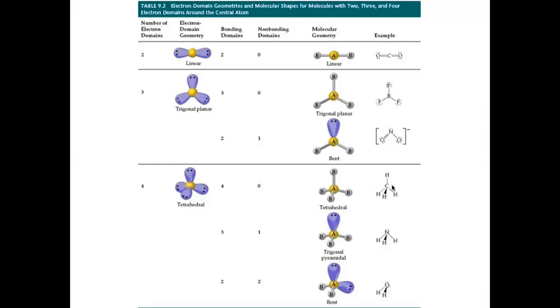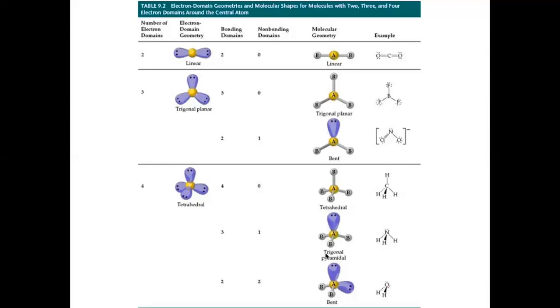Here we can see if we have carbon and 4 hydrogens, they're going to have this tetrahedral arrangement where you have the hydrogen at the top, and then these 3 are at the bottom. We will probably talk a little bit more about the distance between each of these, but this is 109.5 degrees between each of these domains.